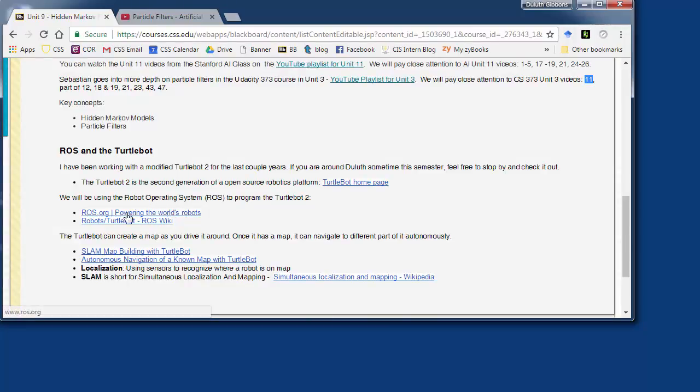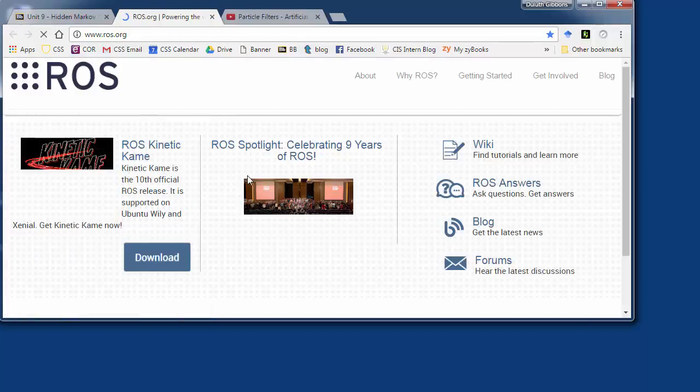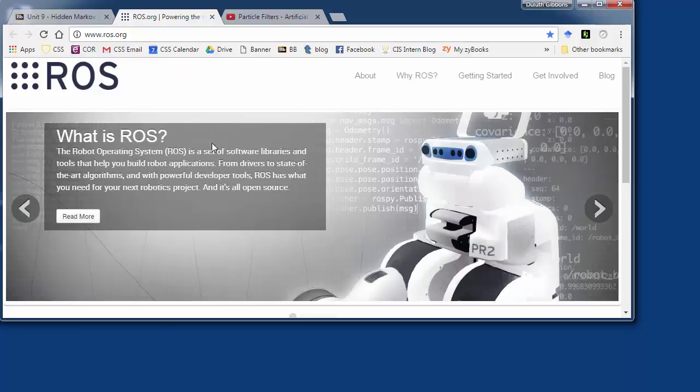And this uses an operating system called ROS, or Robot Operating System. This is used to run many of the robots around the world. So you might want to look a little bit at this setup, and if you're really interested in robots, ROS is the way to go.